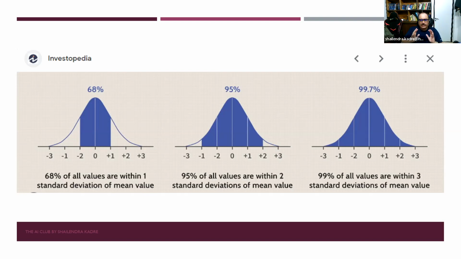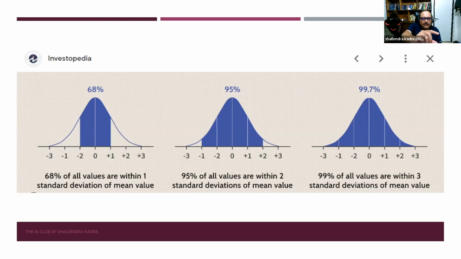Suppose there is a case like that, and we have plotted its probability distribution. This is a property of the normal or Gaussian distribution with mean 0. You can see the mean plotted on this curve, with standard deviations of 1 and 2, and minus 1.